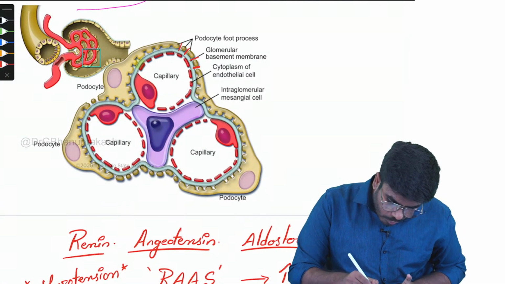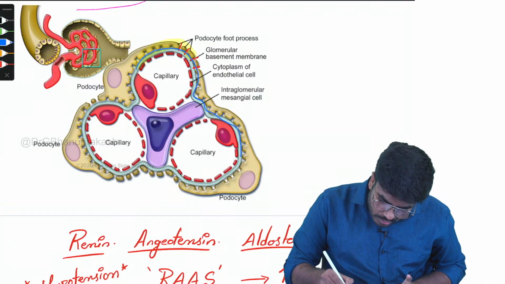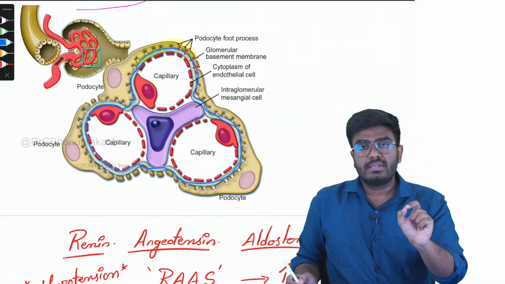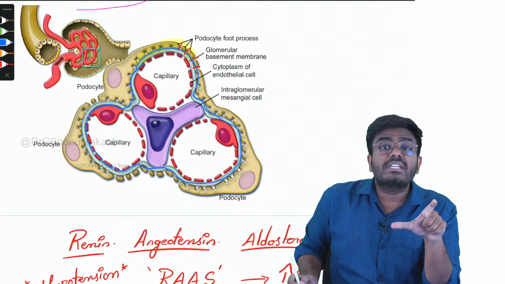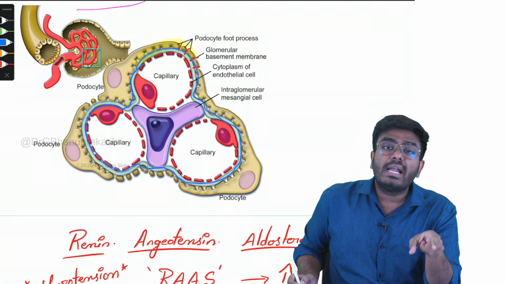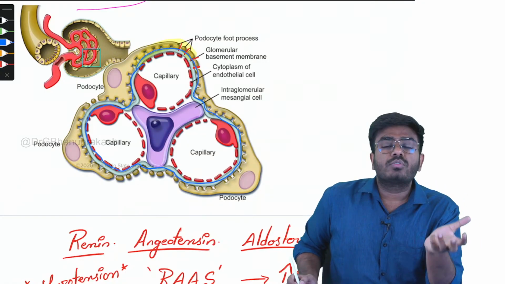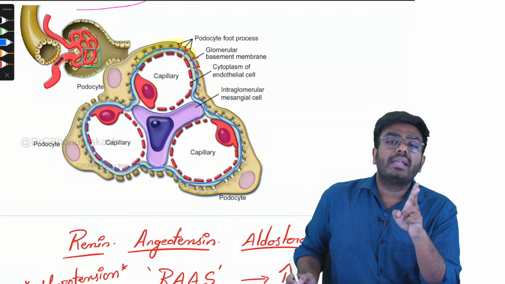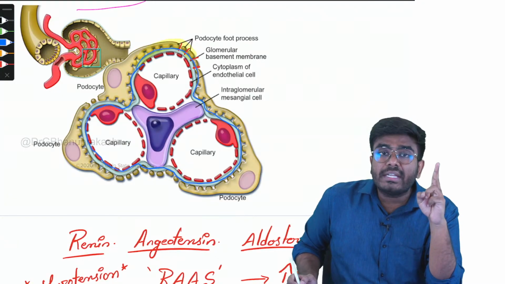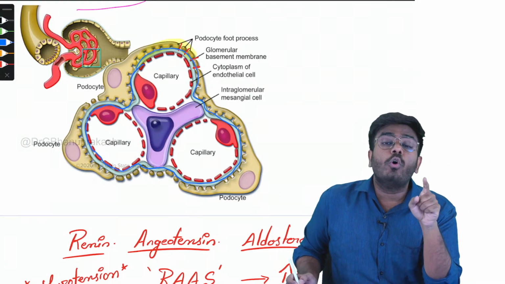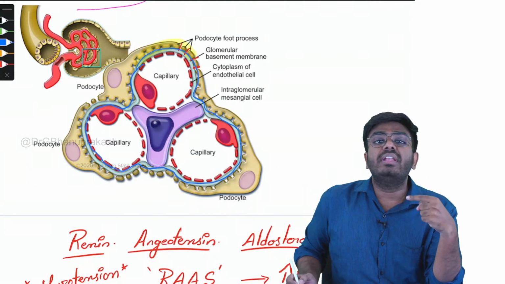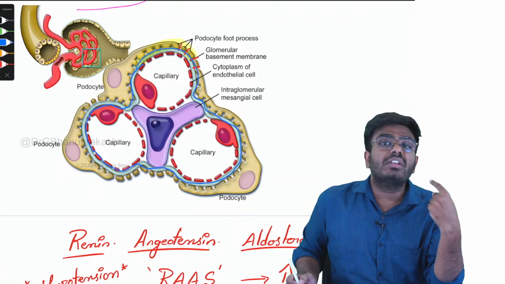The entire glomerular basement membrane has a negative charge, and any substance with a negative charge will be repelled by it, so it won't be filtered. So the glomerular filtration barrier is a charge-dependent barrier. Negative charge repels negative charges, so filtration will not happen.